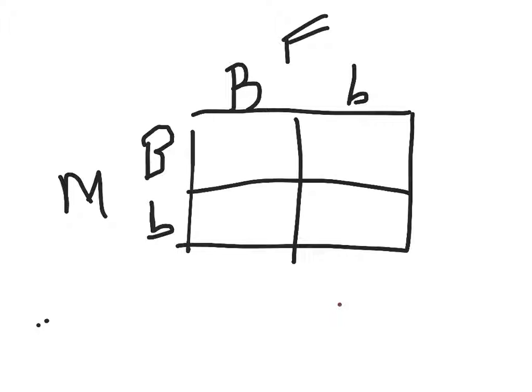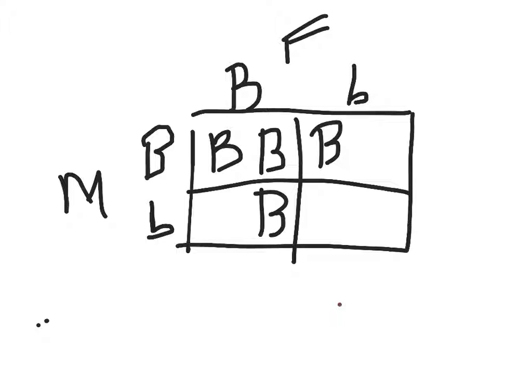Okay. So we have our crosses. We have large B, and we have a large B here, a large B here, and then we have browns.